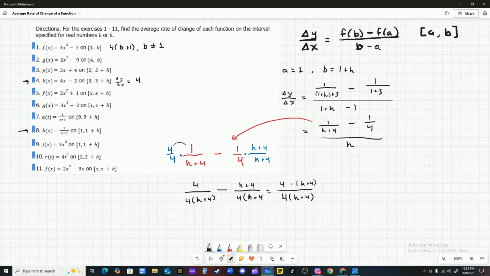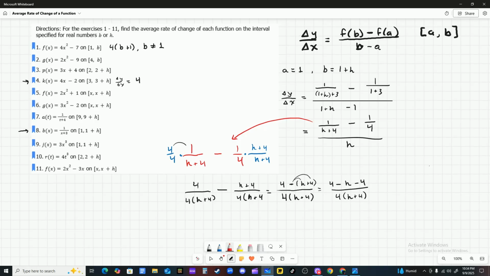Cool. Now we can simplify this even further. Let's distribute the negative. 4 minus 1 times h is minus h, and the negative into the positive 4 turns it into a negative 4 over 4 times h plus 4, just like that.